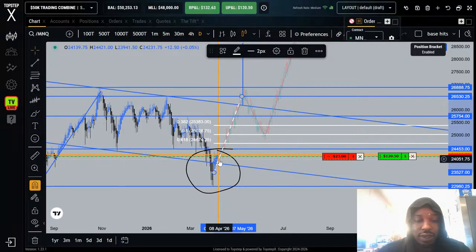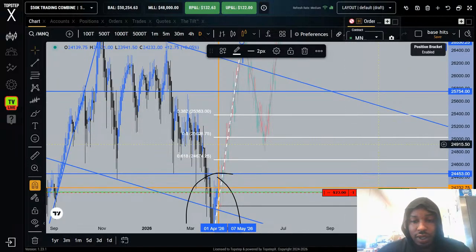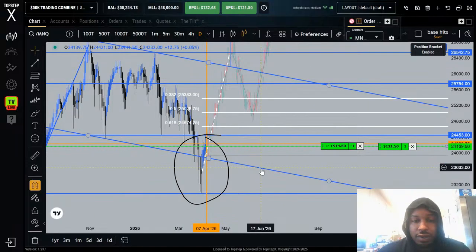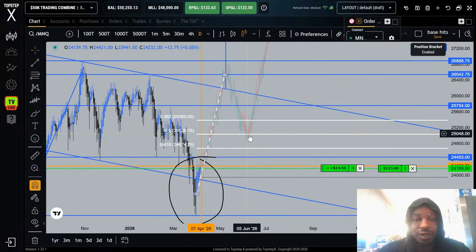Since I bought down here, I'm still going to hold on to this trade. It would have to stop me out for me to exit this trade. But I'd be looking to add to this trade in this area.